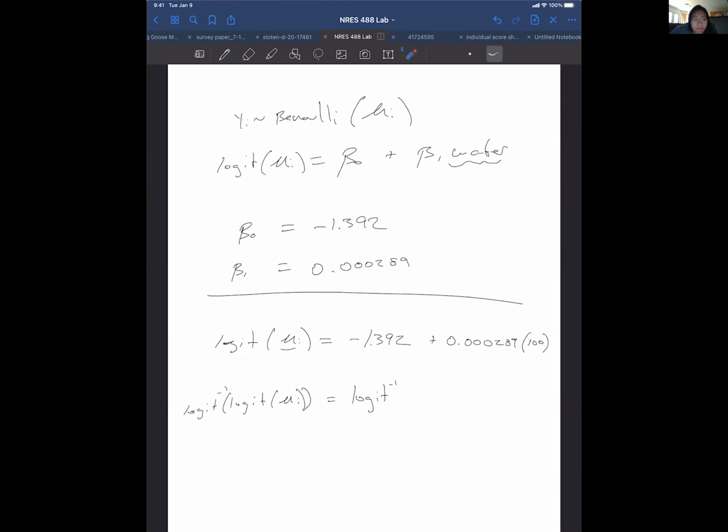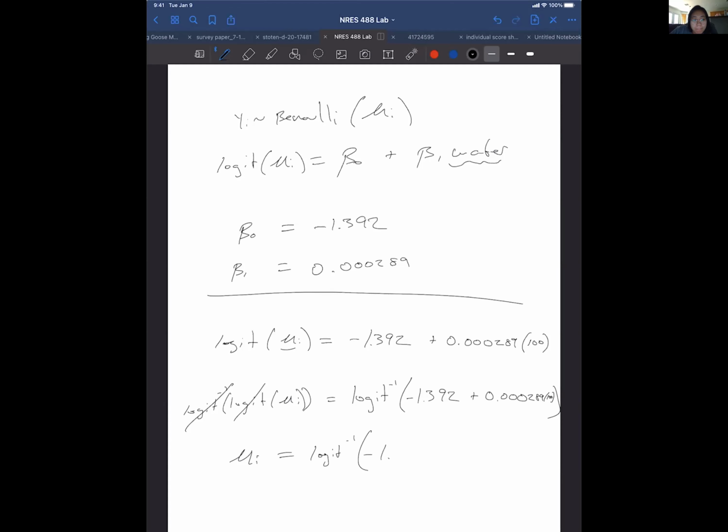That is the logit inverse of negative 1.392 plus 0.000289 times 100. This and this cancel out. So now we have mu i equals the logit inverse of negative 1.